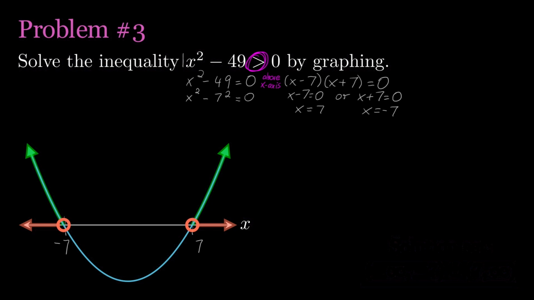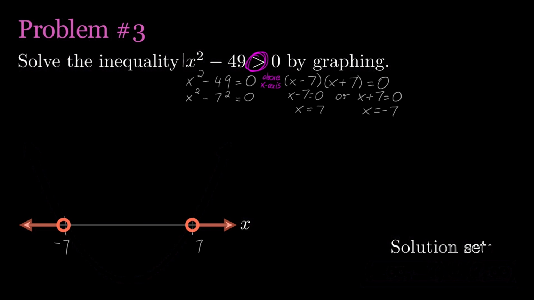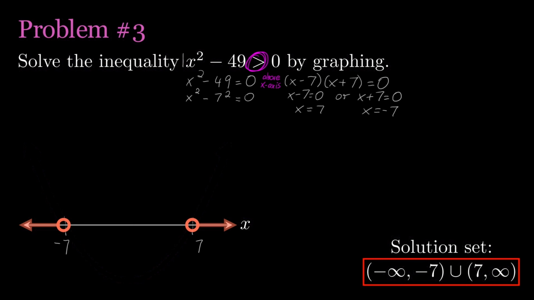So at the end, we only care about those x-intervals, and they define our solution set, which in this case is the union of the open intervals from negative infinity to negative 7, and from 7 open again to infinity.